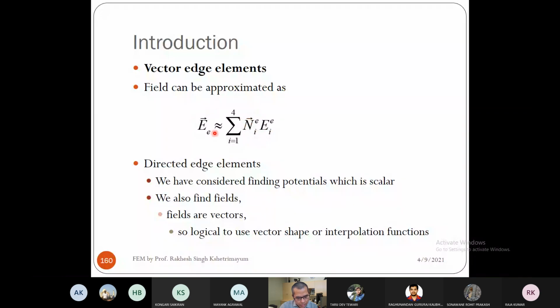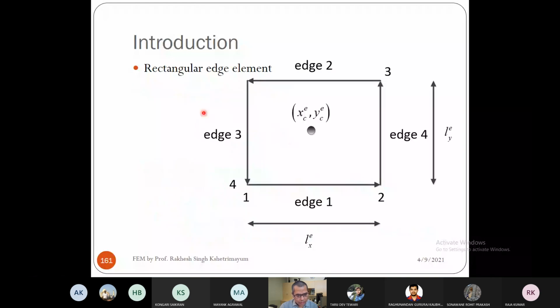So I am approximating the fields inside this rectangular element as a linear combination of basis functions, which are vectors. What are these basis functions? In the scalar case we considered triangular elements and tetrahedra. Like that, let us consider a rectangular edge element and try to find the fields inside it.